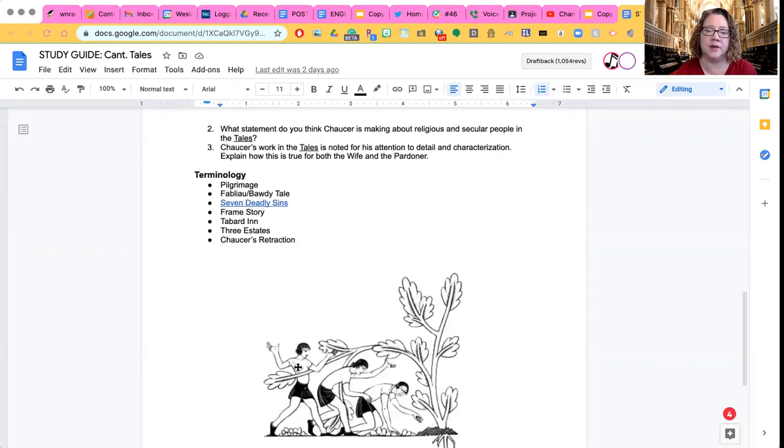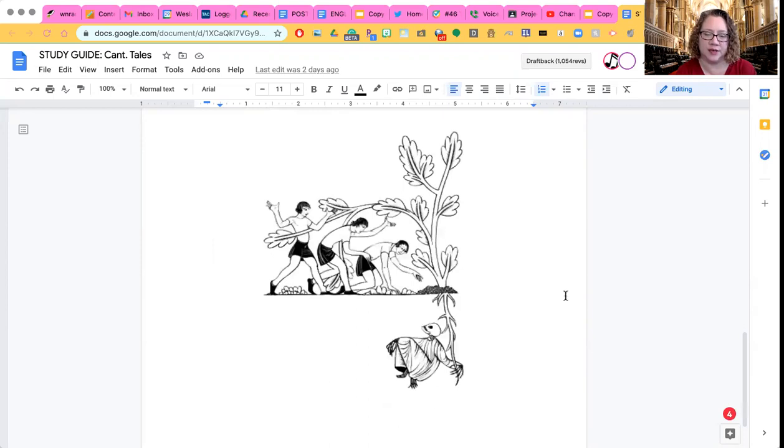There's an image down here that I put that's worth discussing. This is an image that's meant to portray sort of the metaphor in the Pardoner's Tale. You can see here the three youths are reaching for the fruit of the tree, and at the root of it is death.